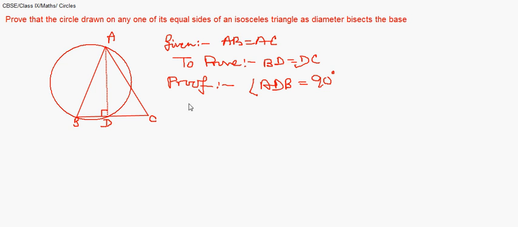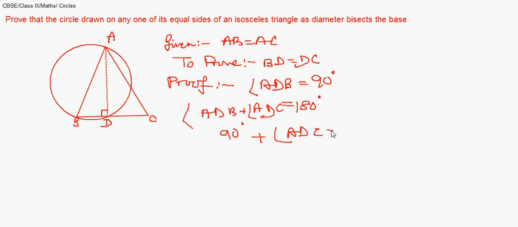On the other hand, angle ADB plus angle ADC is equal to 180 degrees, they make a linear pair. If I substitute this ADB with 90 degrees, angle ADC also we will be getting as 90 degrees.